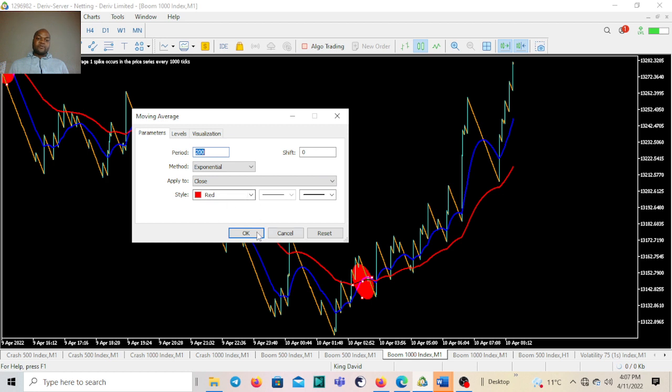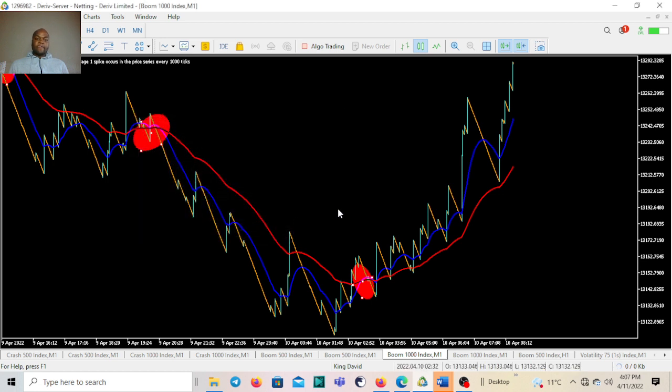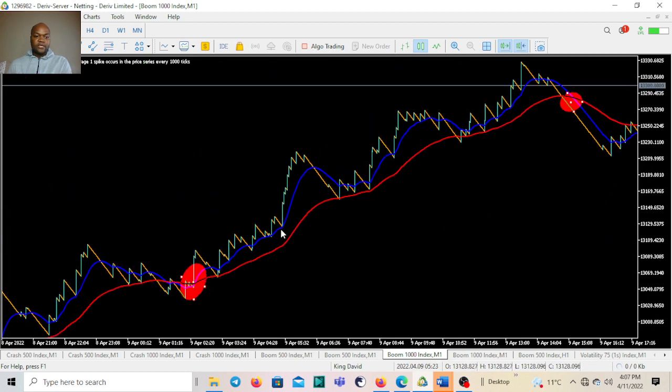So with this strategy, the condition: when do you buy, when do you sell? Okay, I have a good example. I've highlighted the places where there was this intersection.